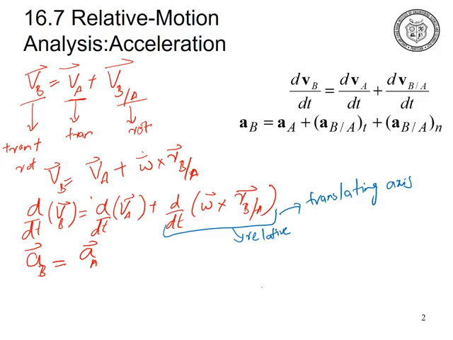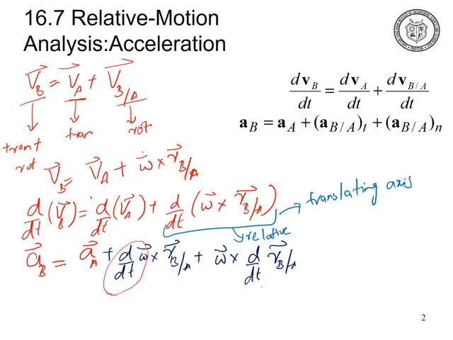By applying the product rule, we get d by dt of omega cross R B with respect to A plus omega cross d by dt of R B with respect to A. The time derivative of omega, the angular velocity, is the angular acceleration, so it becomes alpha. And the time derivative of the position of particle B with respect to A becomes VB with respect to A, the velocity of particle B with respect to A.